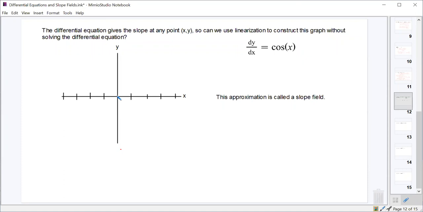So we will start that off by thinking about what's happening here with this function. Is there an x and a y value in our differential equation that affects the derivative, or is it just an x value that affects the derivative?